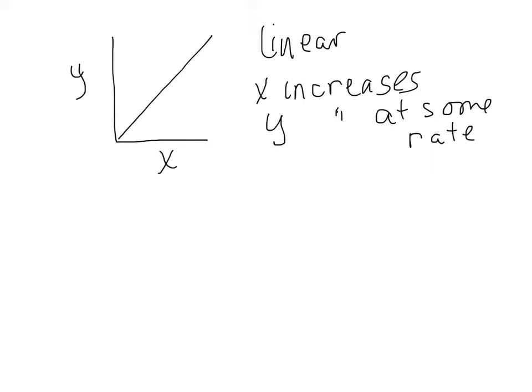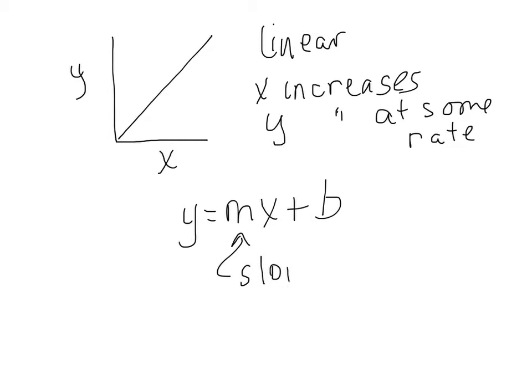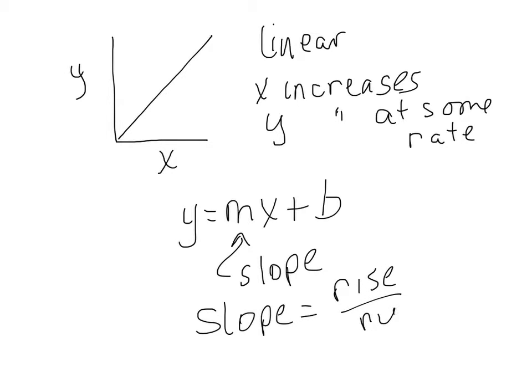This is math. This is y is equal to mx plus b, where m is our slope. And remember, slope is equal to the rise over the run, taking points off your graph. So this is our second type of graph.